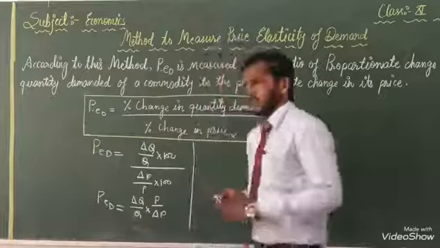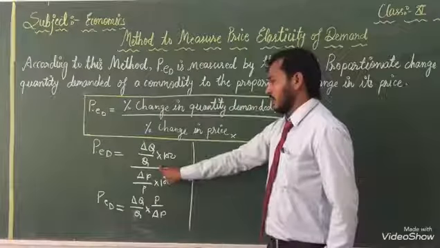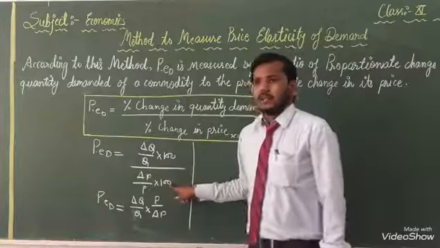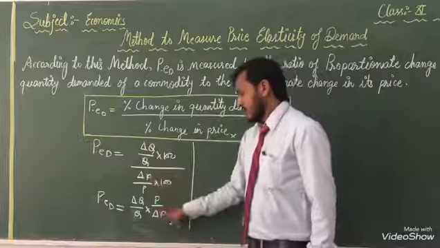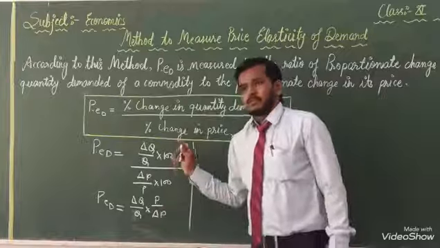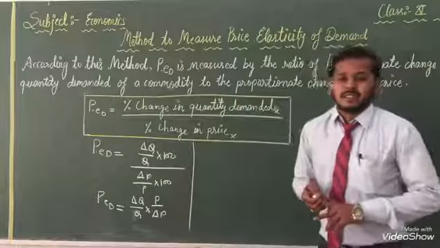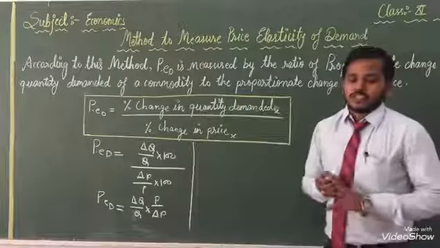See once again. Here we have cancelled the 100, but del P is in the denominator and P is on the other side, so the numerator and denominator are swapped. According to that, we have to solve the questions.